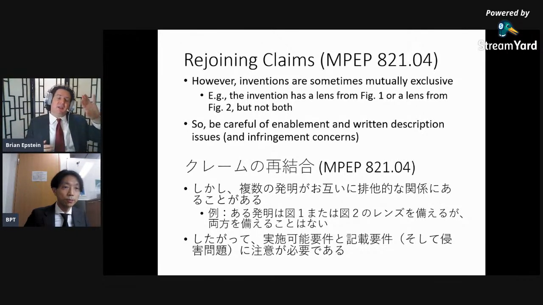Of course, our allowed independent claim will still cover the one lens embodiment of figure one, but now we don't have meaningful protection for the lens of figure two. Maybe we don't enable or have description support for a device including both lenses. Maybe a competitor only puts lens two into their device, and we only have coverage for a device with both.